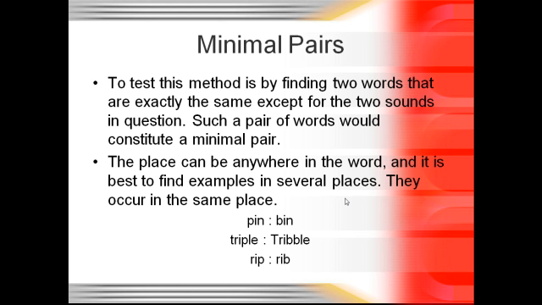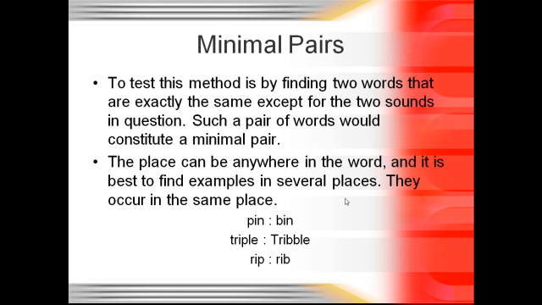The place can be anywhere in the word, and it is best to find examples in several places: word initially, word medially, word finally, and they have to occur in the same place. So they should have the same environment in order to be categorized as a minimal pair.